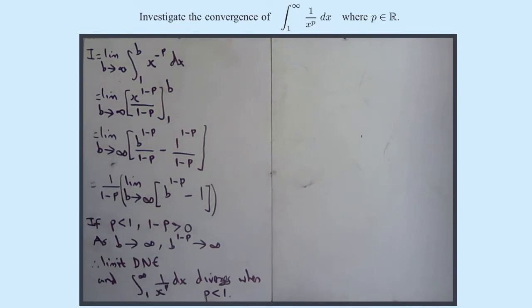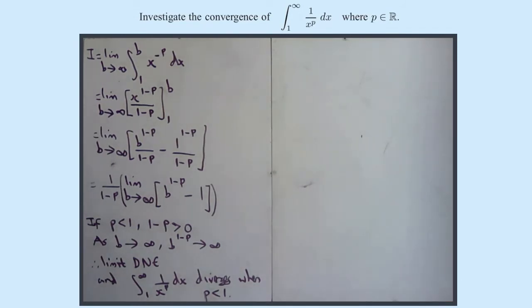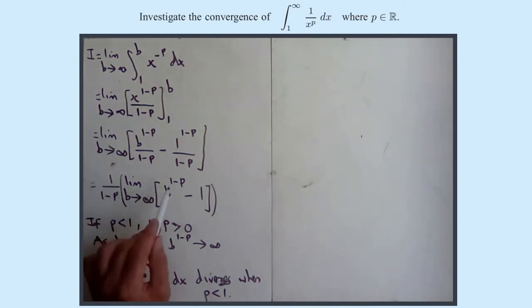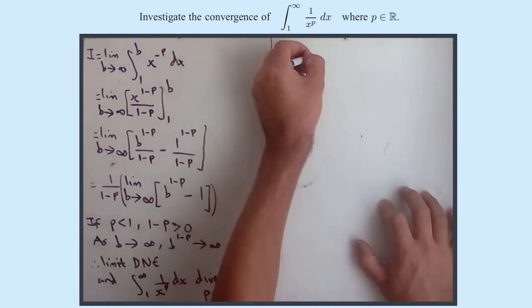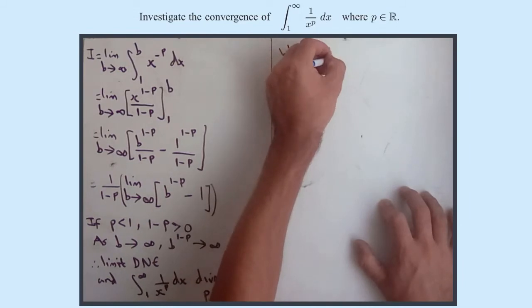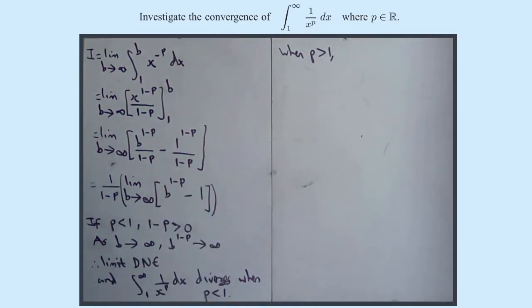Right, so now if I consider the final scenario when p is greater than 1, I'm just going to rewrite this in a form that's more useful. I'm going to change this b to the 1 minus p term and use a reciprocal.